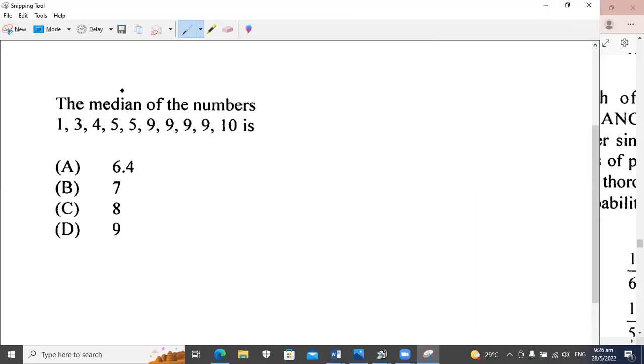So the median is the middle number, but the data set has to be in ascending or descending order. All right. Give me a minute, guys.